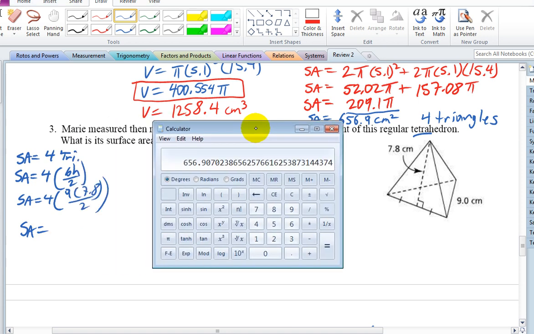You should be trying all this on your calculator. 140.4, is that right?